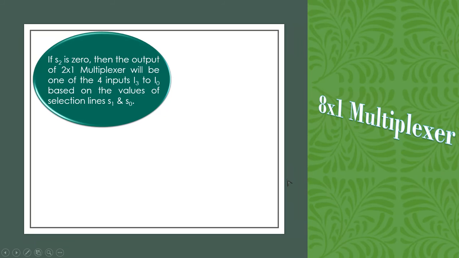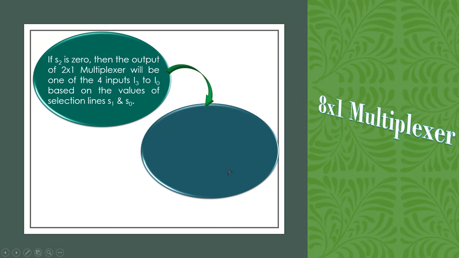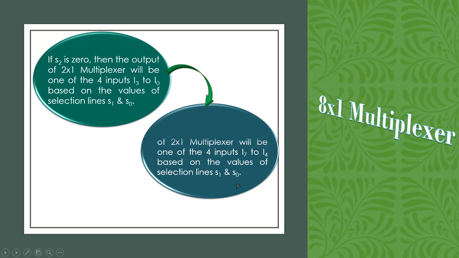So here you find the particular fact, and now we come to the 8 into 1 multiplexer. If S2 is 0, then the output of the 2 into 1 multiplexer will be one of the 4 inputs I3 to I0 based on the values of the selection lines S1 and S0 that we have found in the block diagram.